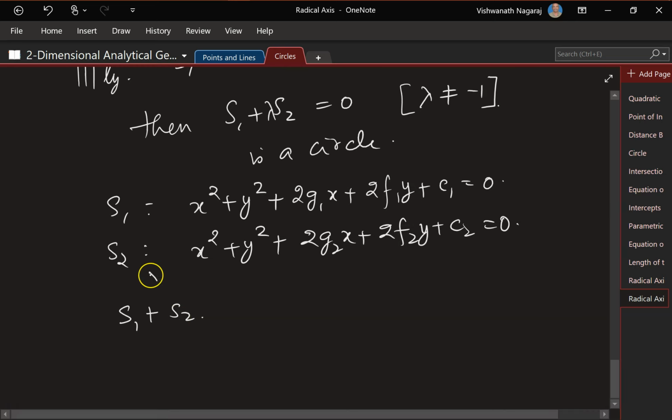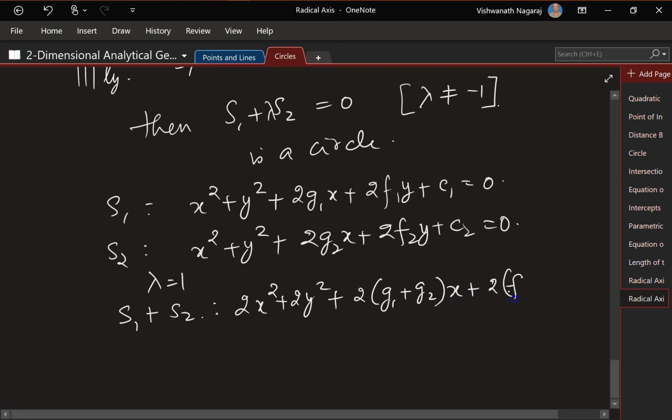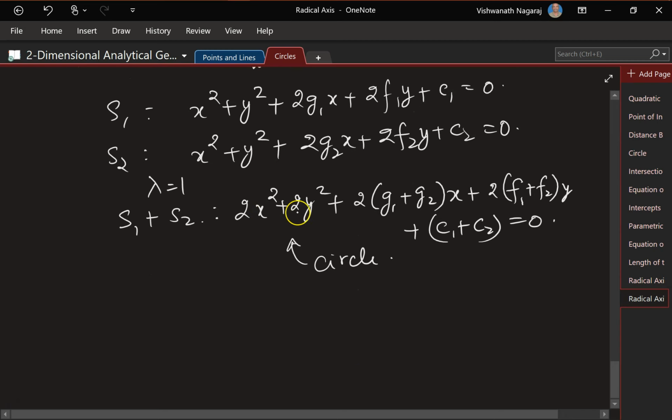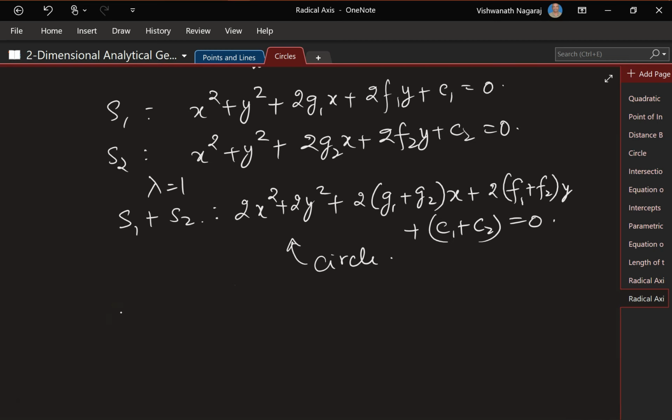So let's say lambda equal to 1. So S1 plus S2 would be 2x square plus 2y square plus (2g1 plus 2g2)x plus (2f1 plus 2f2)y plus c1 plus c2, which is a circle. So the coefficients of x square and y square, if they are equal, that's well enough, because we can divide the entire equation by 2 to get coefficient as 1.